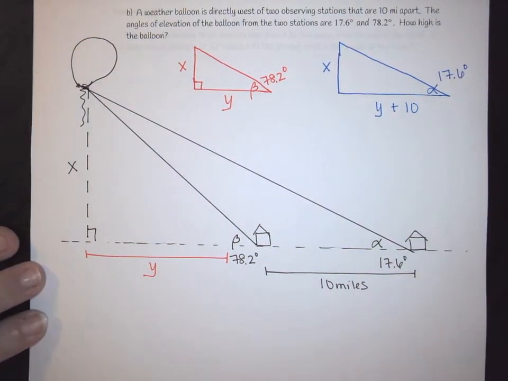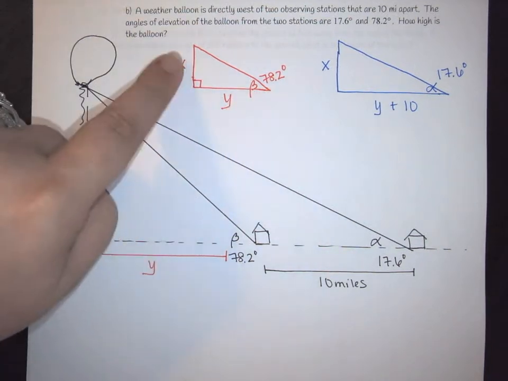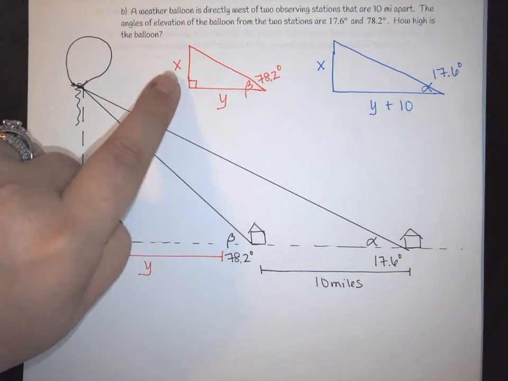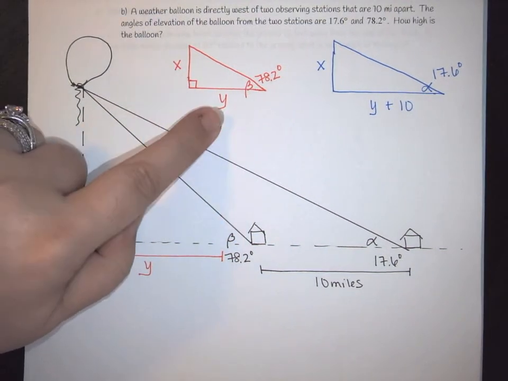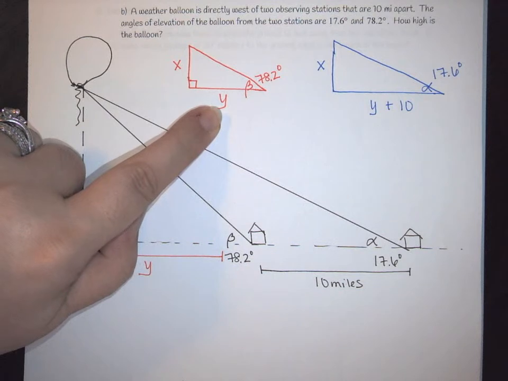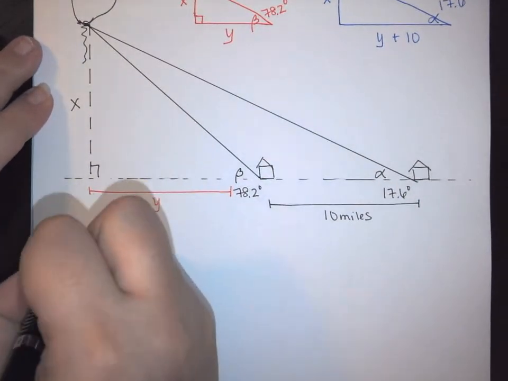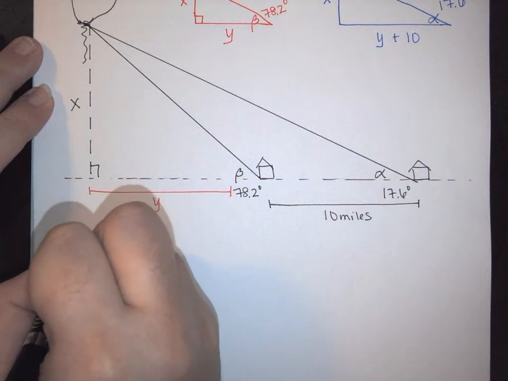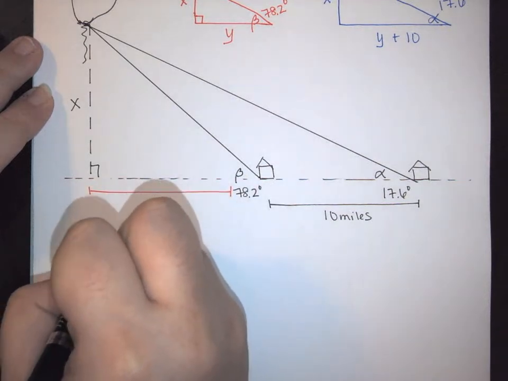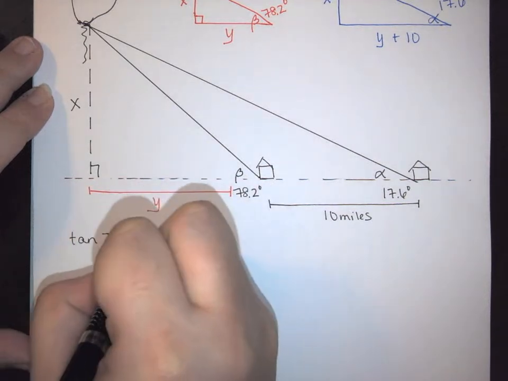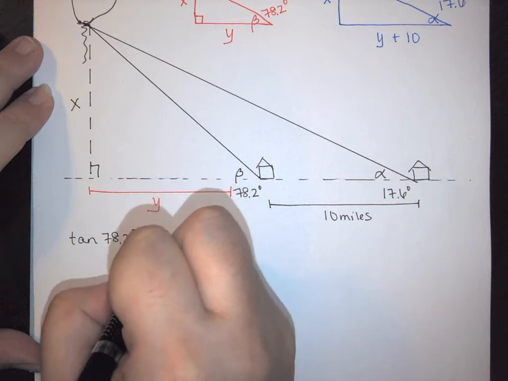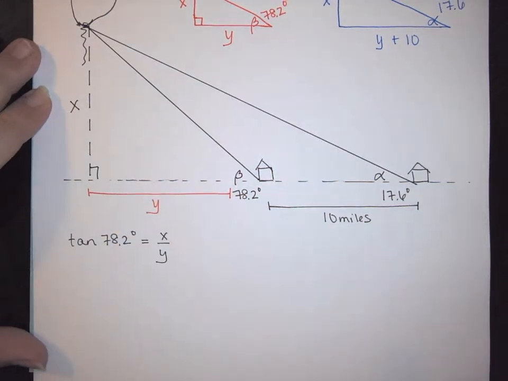So we need to start putting some things together here. So first and foremost, I have a degree, but I have two missing sides. And the two missing sides here that I care about are opposite over adjacent. So what I'm going to do is put together that I know I have the tangent of 78.2 degrees is going to give me X over Y. It's the first thing that I know.